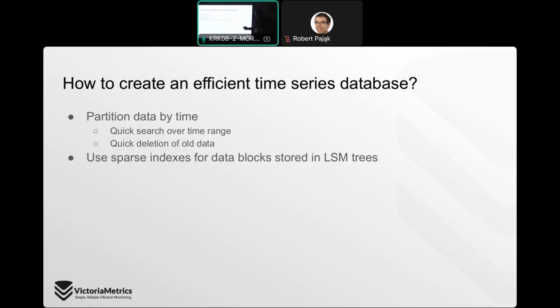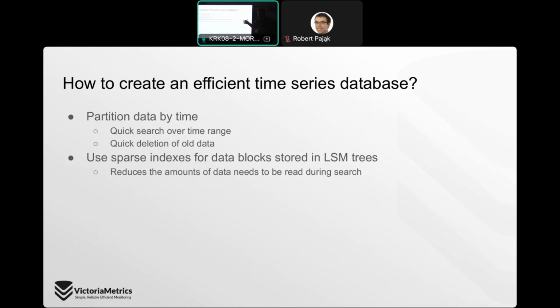And also, it is recommended to use sparse indexes for data blocks stored in LSM trees. Sparse indexes are indexes which contain not all entries for all the blocks in LSM trees, but every hundred entries or every thousand entries. So it contains sparse entries, and it allows quickly searching and locating data blocks which need to be read during queries.